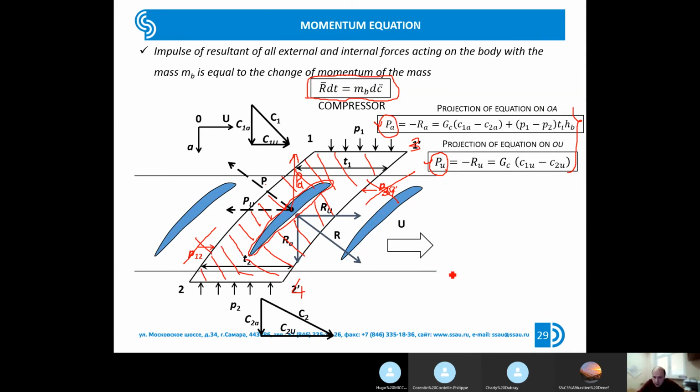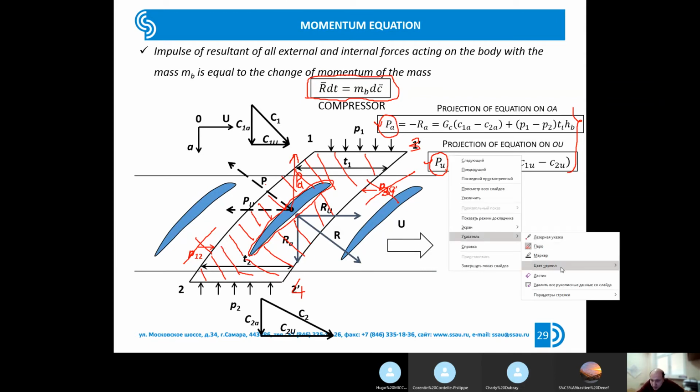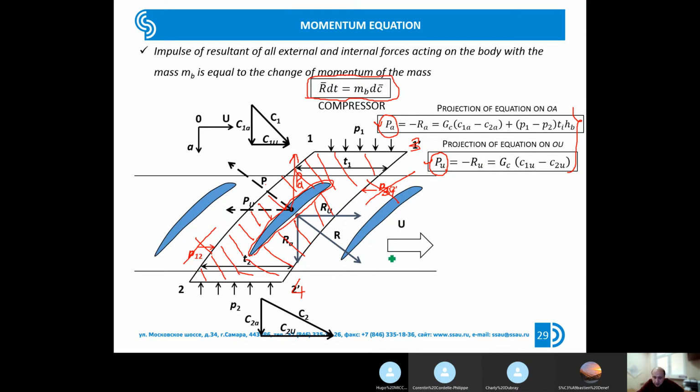So I will ask you one interesting question. But before we ask, I want to draw your attention to one moment. The blade row is rotating to the right. This green arrow shows the direction of the rotation. And the flow moves in the picture from the top to the bottom of the slide.